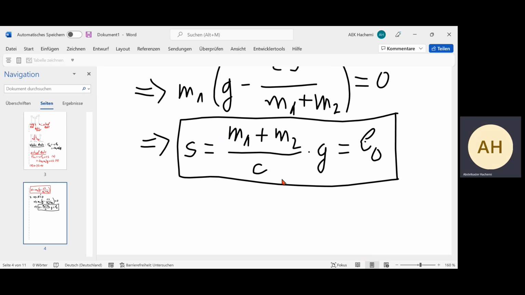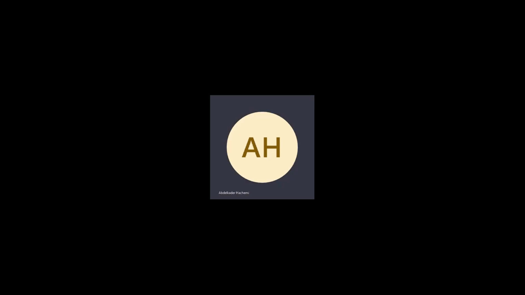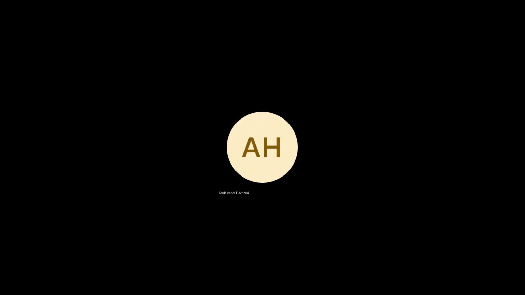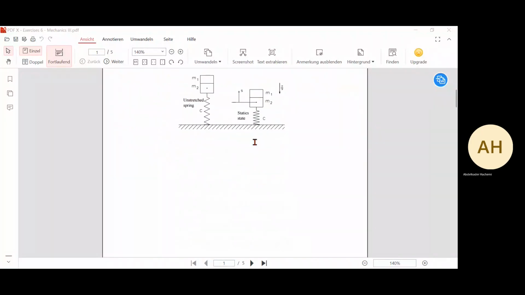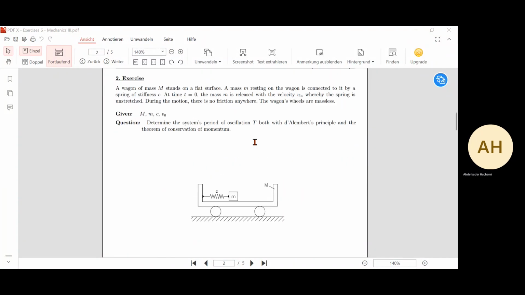Now, coming to the second exercise, where we have here a wagon of mass capital letter M. This is a wagon here, which stands on a flat surface here.